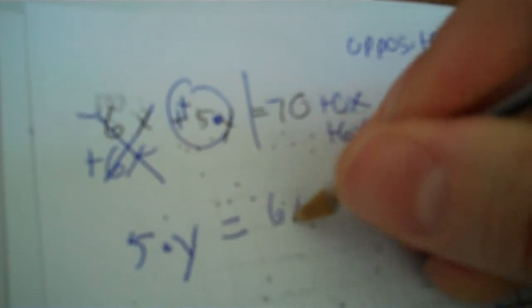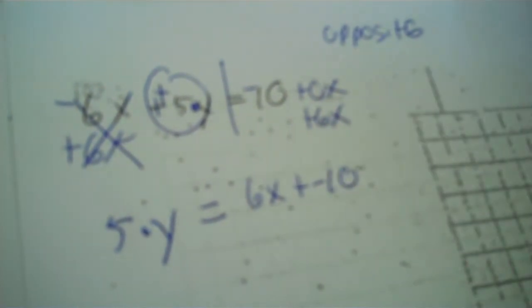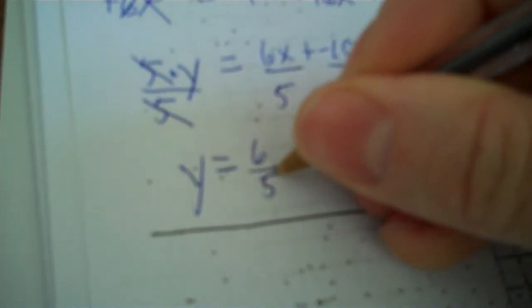So it's 6x plus negative 10 divided by 5. Decimal. Okay. 6 over 5x negative 2.